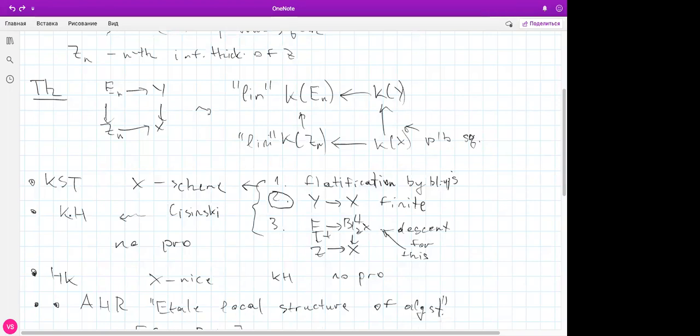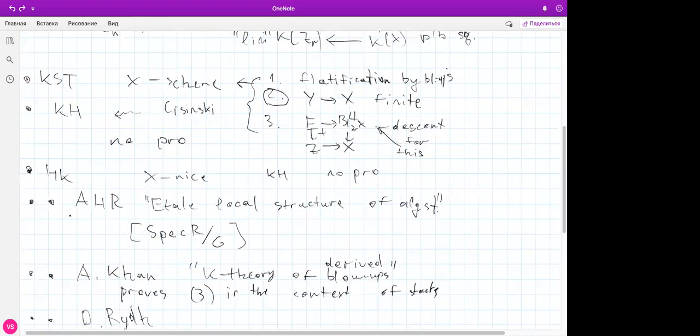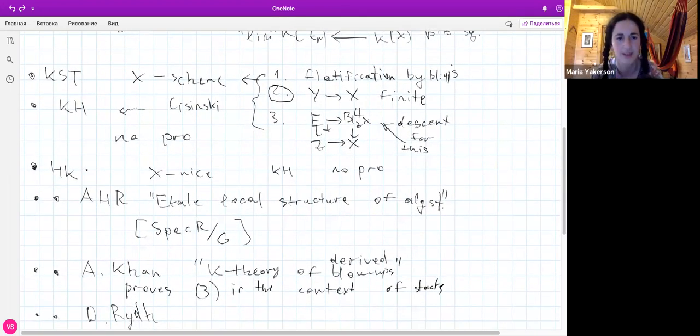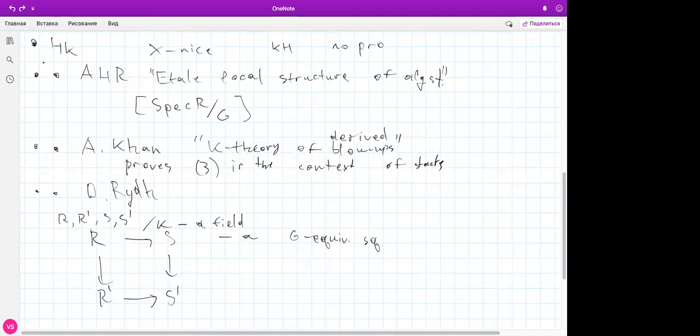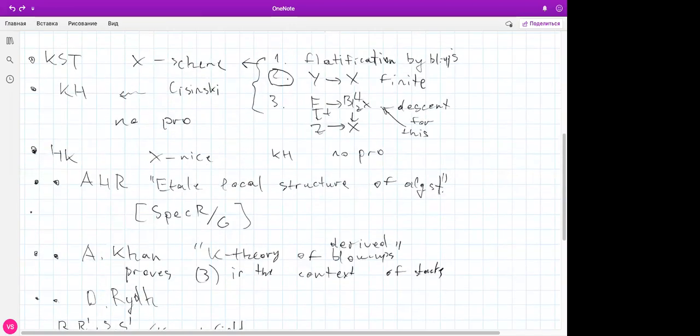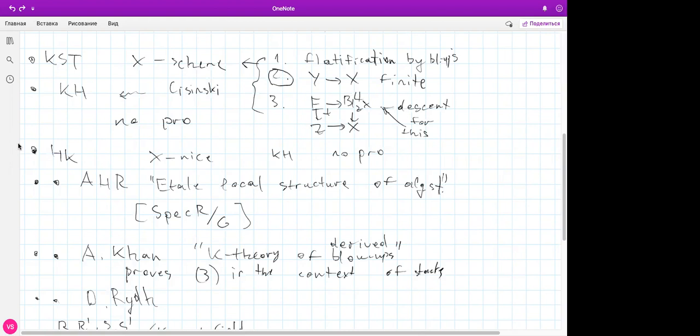And there was cdh descent for KH on stacks. A recent paper by Hoyois, Krishna. Okay. I use a notation with many dots. This is like a theorem, and this is like a lemma, because this is what we're going to use. Oh, I see. So it was not known for spec R mod G for K-theory, right? Okay.